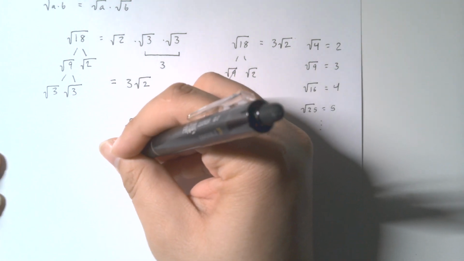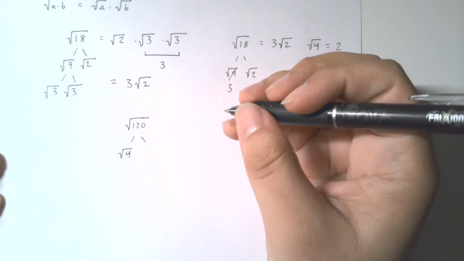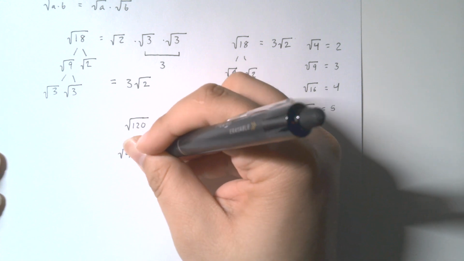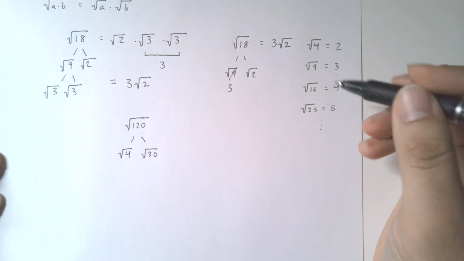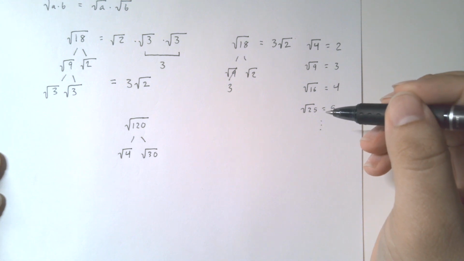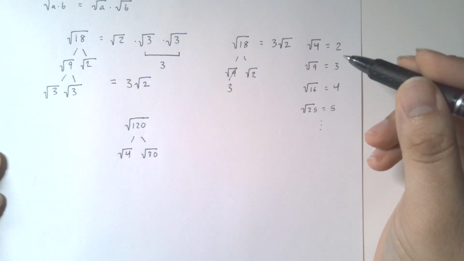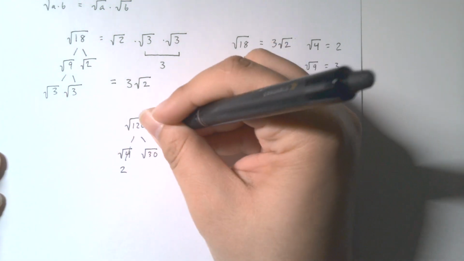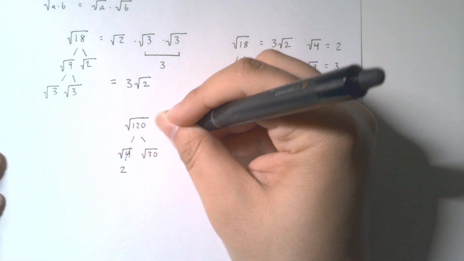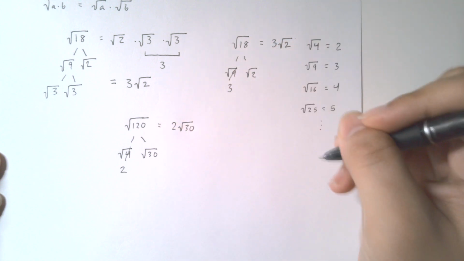Looks like the biggest perfect square is going to be the square root of 4 and the square root of 30. 30 is not divisible by any perfect squares, so we don't have to simplify this any further. This is just 2 and square root of 30.